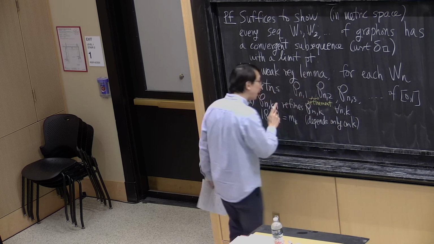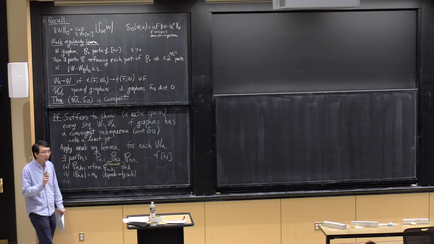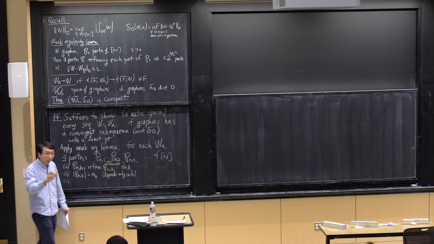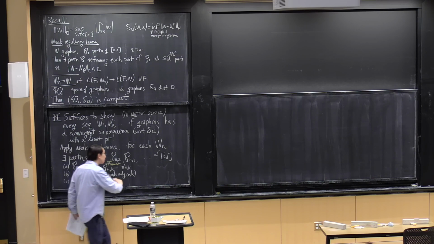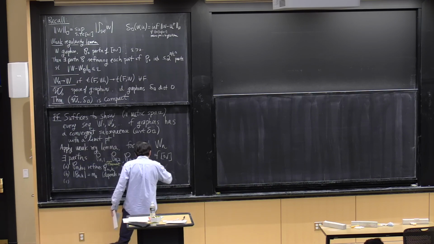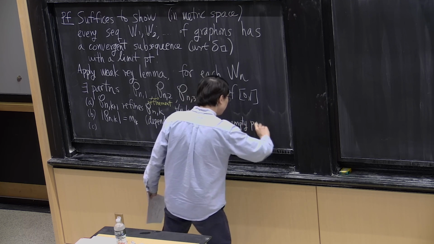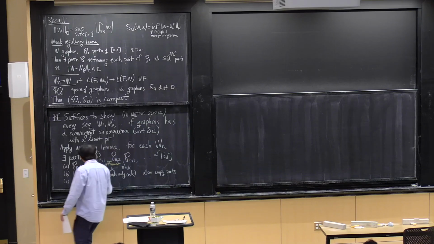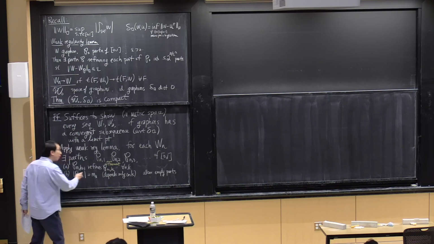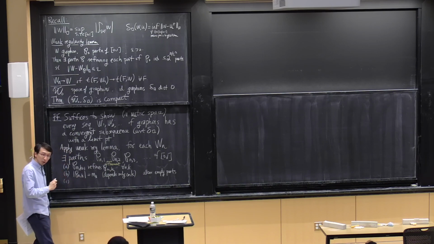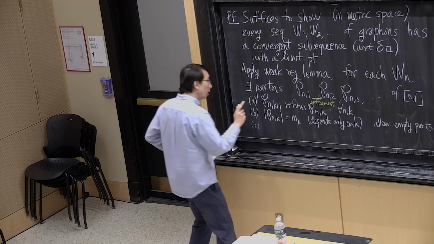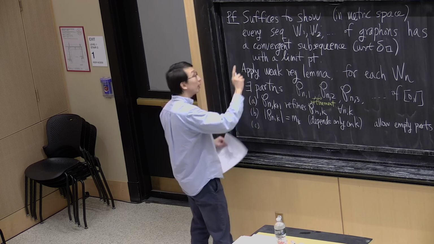Now, you might complain somewhat because the regularity lemma only tells you an upper bound on the number of parts. But that's okay. I can allow empty parts. So now I make sure that the kth partition has exactly m_k parts.